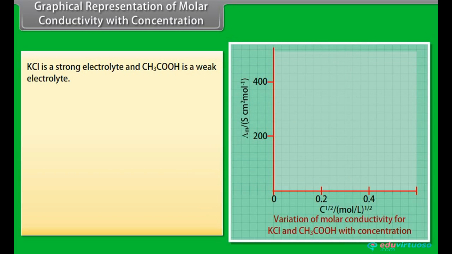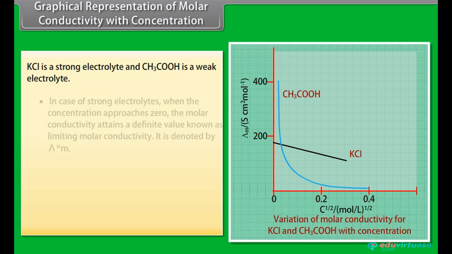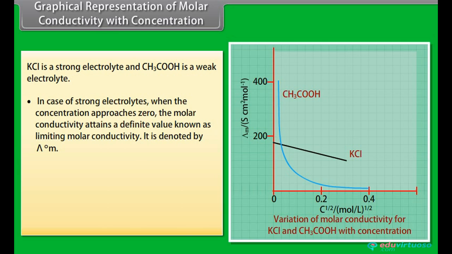KCl is a strong electrolyte and CH3COOH is a weak electrolyte. A graphical representation shows the variation of molar conductivity with concentration. In case of strong electrolytes, when the concentration approaches zero, the molar conductivity attains a definite value known as limiting molar conductivity.